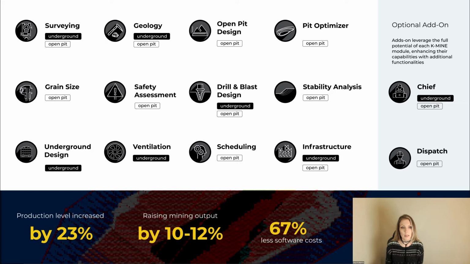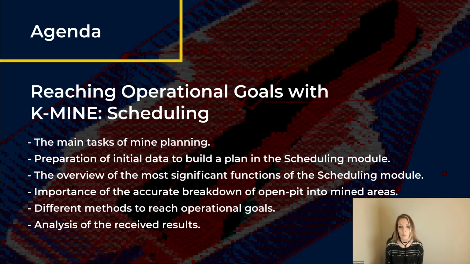So basically, mine planning is the process that optimizes the development of mineral reserves so the enterprise can get the maximum surplus value that would be aligned with the company's strategic goals.